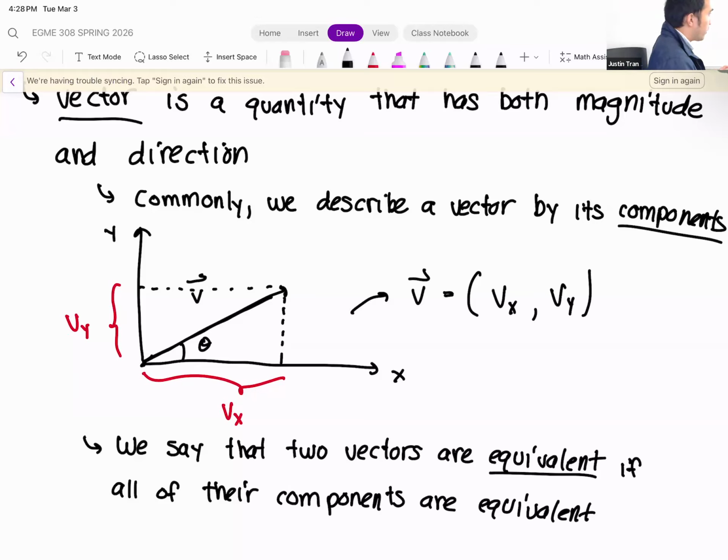And that means every single one of their components. So the two vectors are essentially right on top of each other in the XY plane if we were to graph it.